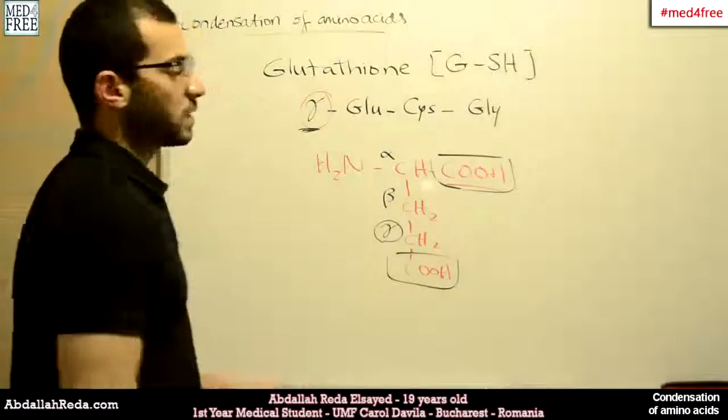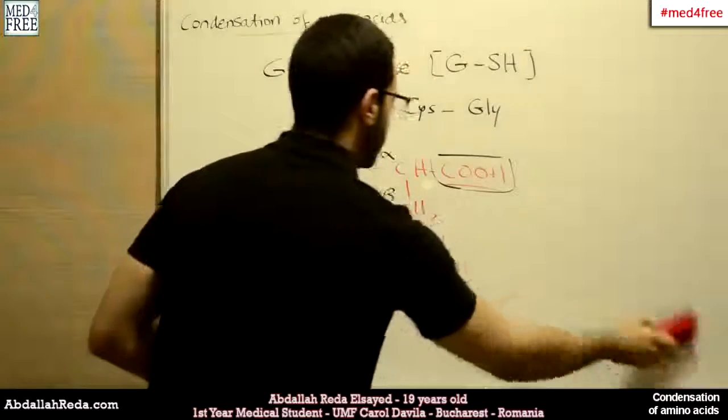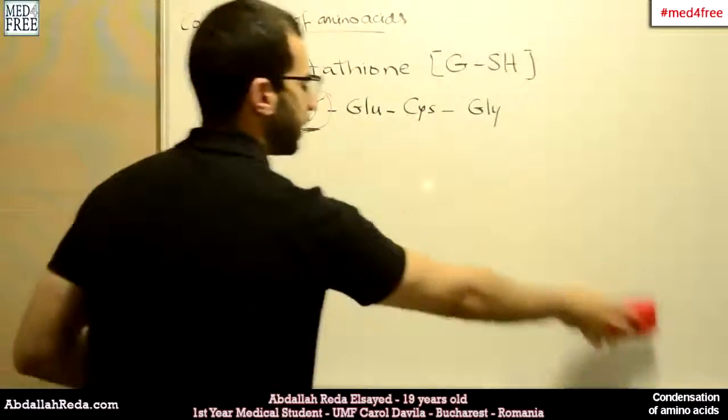For the other amino acids, it's totally normal. It's just different at this carbon. So the structure would look something like that.